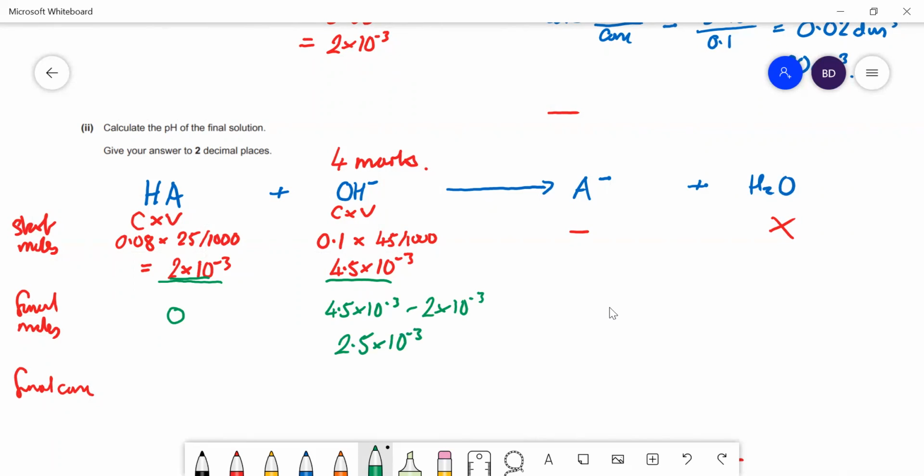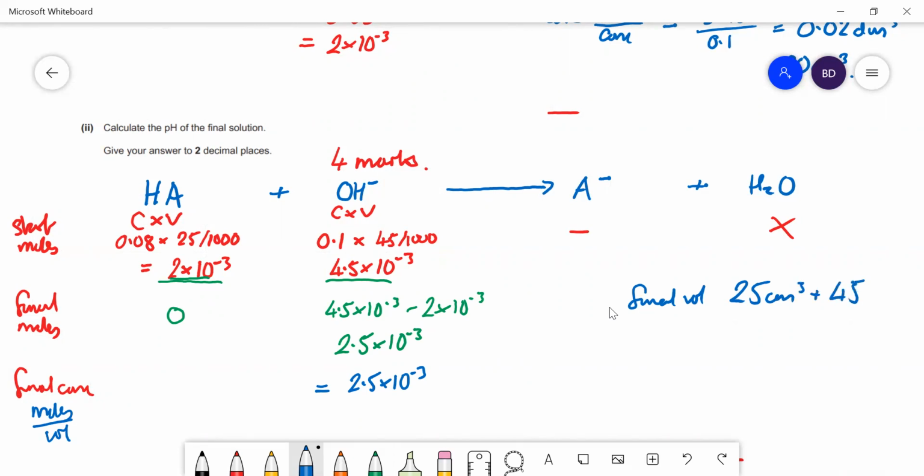Okay, now the final concentration is going to be equal to moles over volume. So the moles is 2.5 times 10 to the minus 3. Now the final volume is going to be, well, we started off with 25 centimeters cubed, and we added 45 of the NaOH, so that's going to be 70. 0.07 dm cubed, so that's over that.